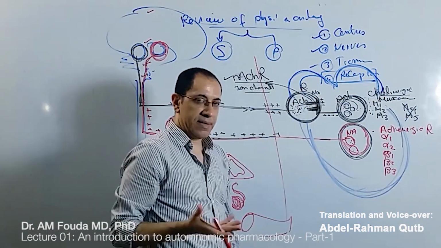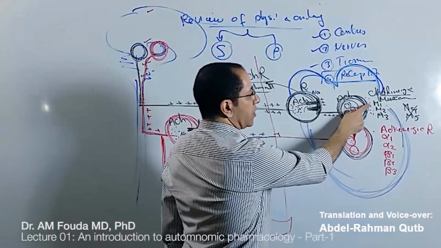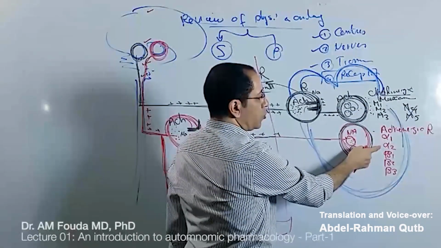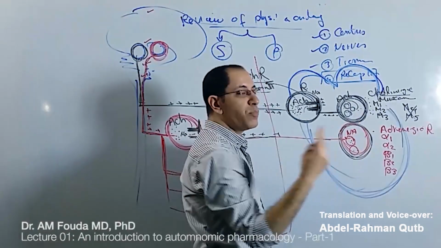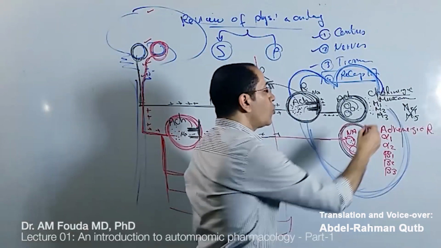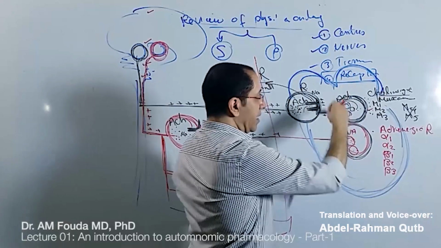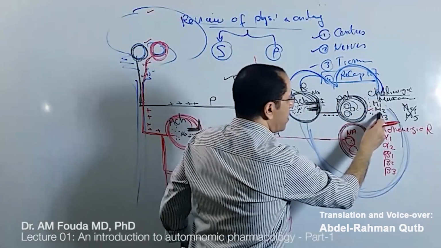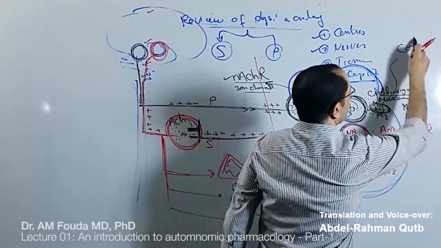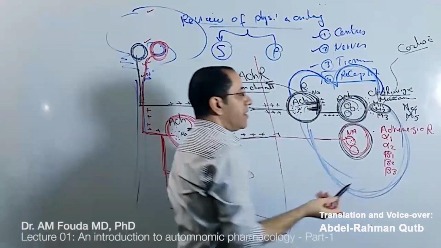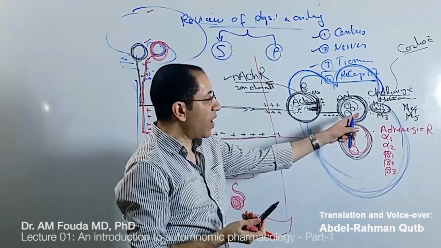That's because the heart doesn't have much of M1 nor M3, but mainly M2 receptors. And the same goes for sympathetic, as most of the sympathetic receptors on the heart are of beta 1 subtype, which predominates all the other types. Others may be present like alpha 1, alpha 2, but they are of no significance. Beta 1 receptor predominates them all, so we call it the cardiac beta 1 receptor.